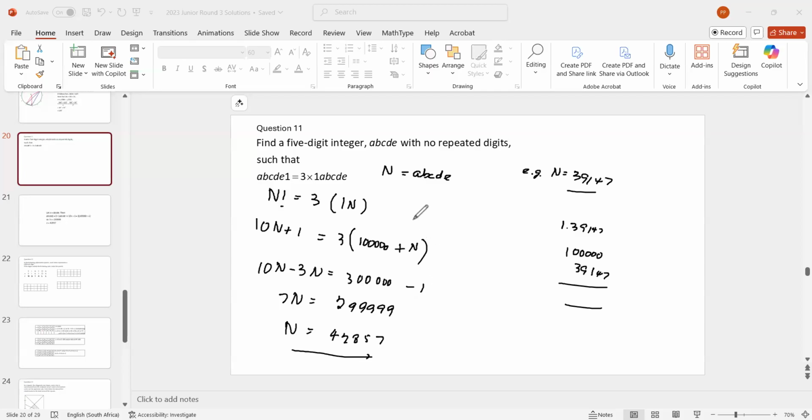That's the answer. I solved this problem by putting a single symbol for A, B, C, D, E, so that becomes a single unknown rather than 5 unknowns. And that helped me a great deal. I wrote this equation down in terms of n and got the answer.